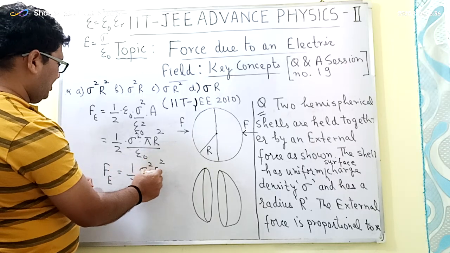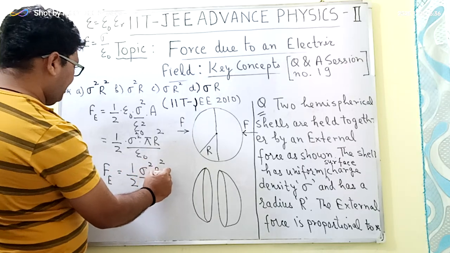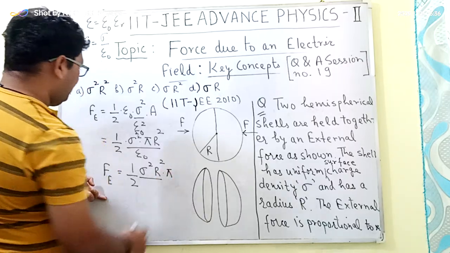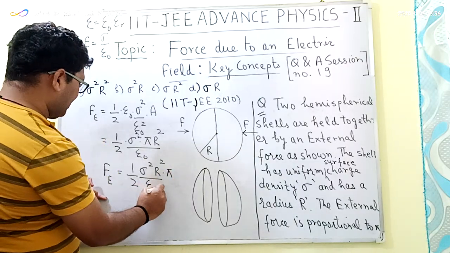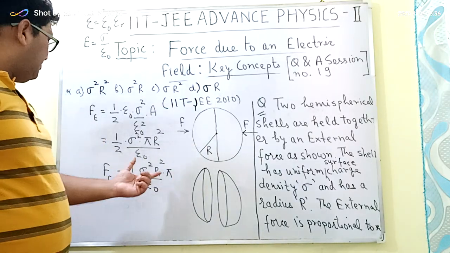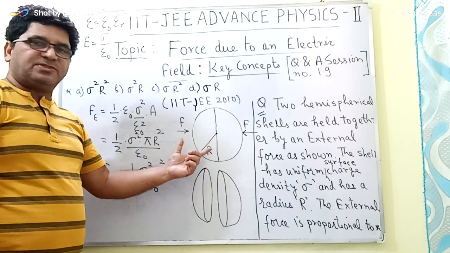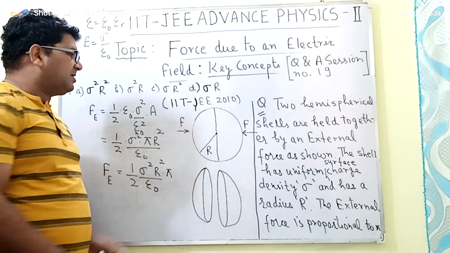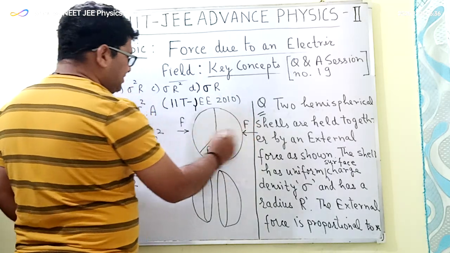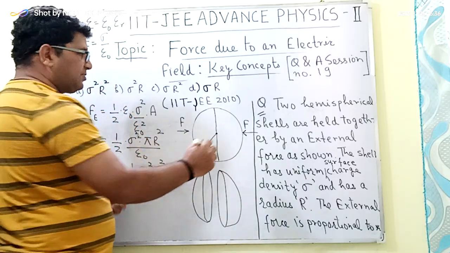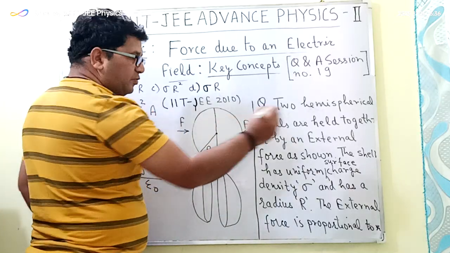So this is sigma square r square into pi divided by epsilon naught, with the 1 by 2. Now this is the electrostatic force which is being experienced by these two hemispherical shells, and the direction of this electrostatic force will be outward.